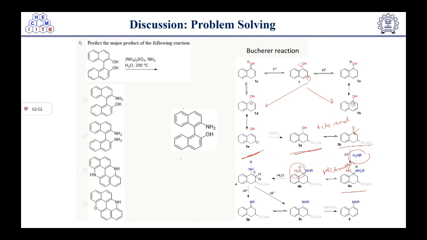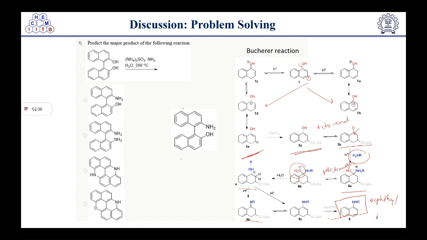So water elimination will take place to give the corresponding intermediate here. This intermediate will further undergo imine formation by deprotonation to give the imine. Then this imine will further undergo aromatization to give the corresponding aromatic amine. So here we are getting naphthylamine as a product.